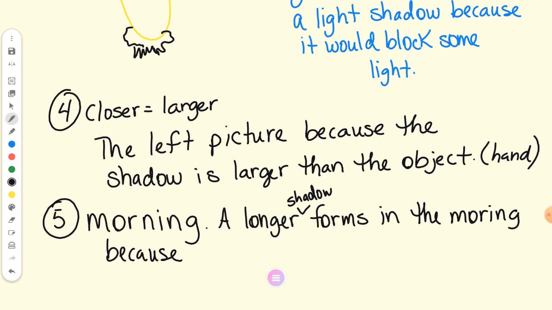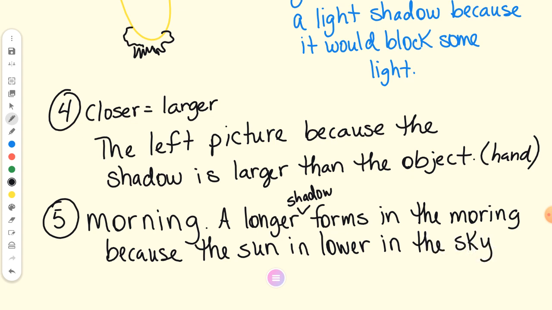We usually say it's coming up, but same thing. Because the sun is lower in the sky than at noon. And we could have also added that at noon, it would look like a blob at the bottom of the palm tree.